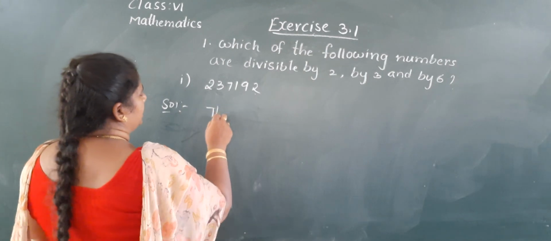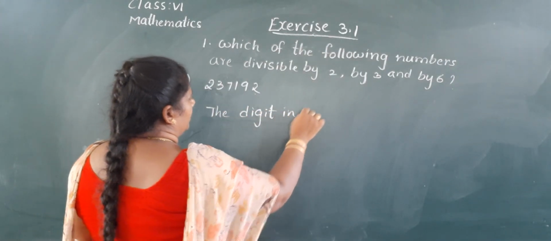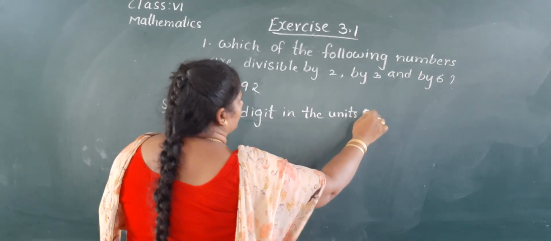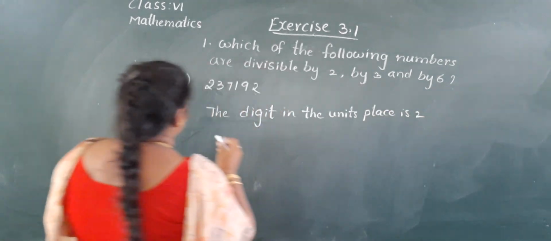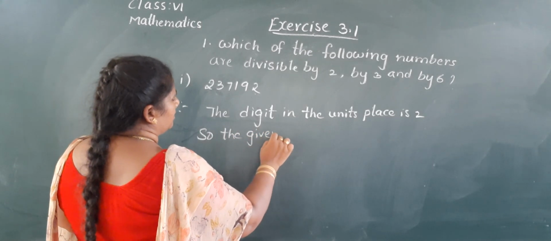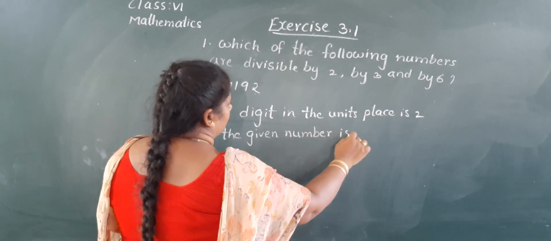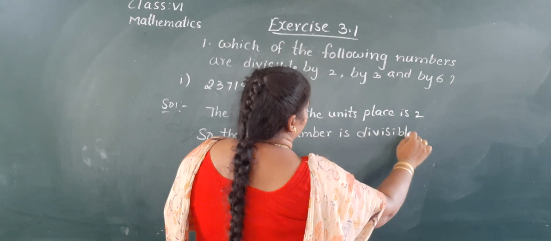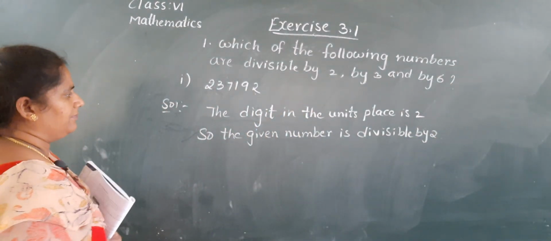So here the digit in the units place is 2, so the given number is divisible by 2. Now we have to check by 3.